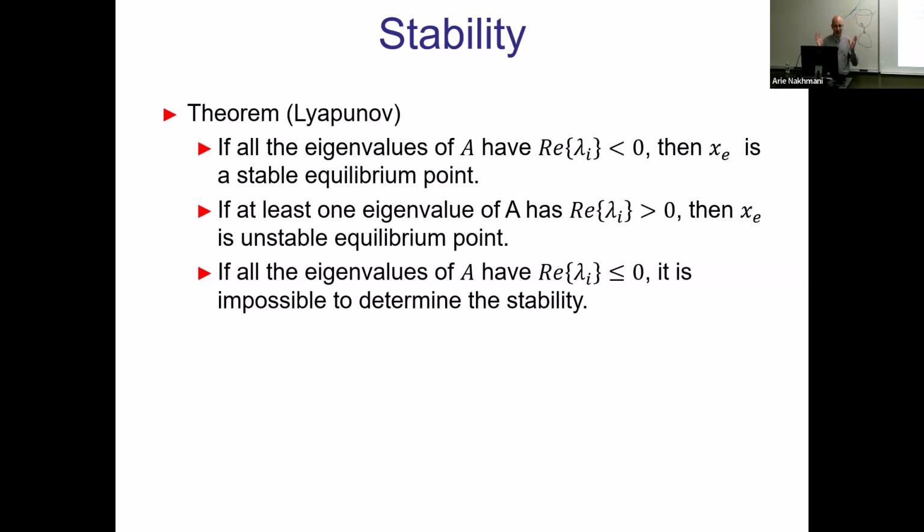That simple question, like what happens if your eigenvalue is 0 or j or whatever, becomes an extremely complicated problem. Don't design systems with eigenvalues on the j omega axis, okay? Otherwise, you're in trouble. Any questions?